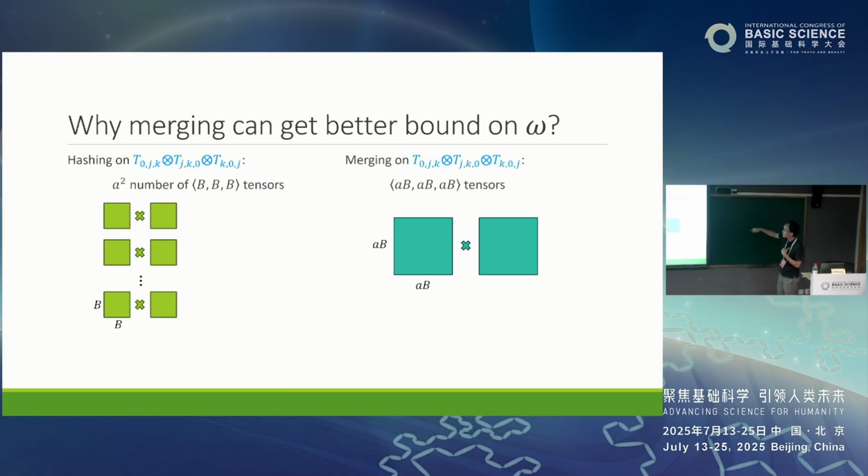We can get a squared number of tensors, b times t, b tensors. But after merging, the number of elements we use, if the same, will be an AB times AB matrix. So by merging, we can compute more.